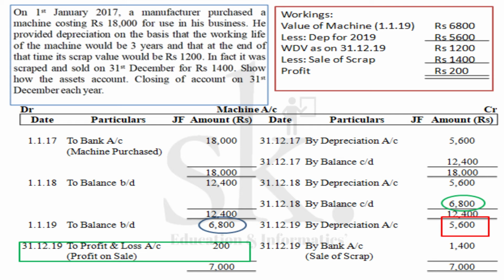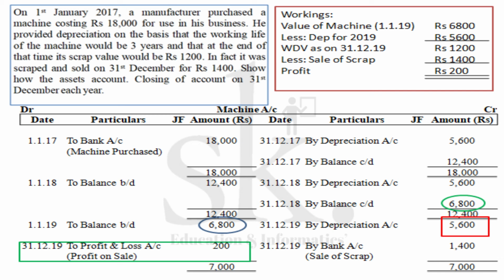of rupees 200. Therefore, since you have sold it for rupees 1,400, it will be bank account debit to machinery. So it will be by bank account 1,400 on the credit side of the machinery account. And since it's a profit, profit has to be credited as per the nominal account.